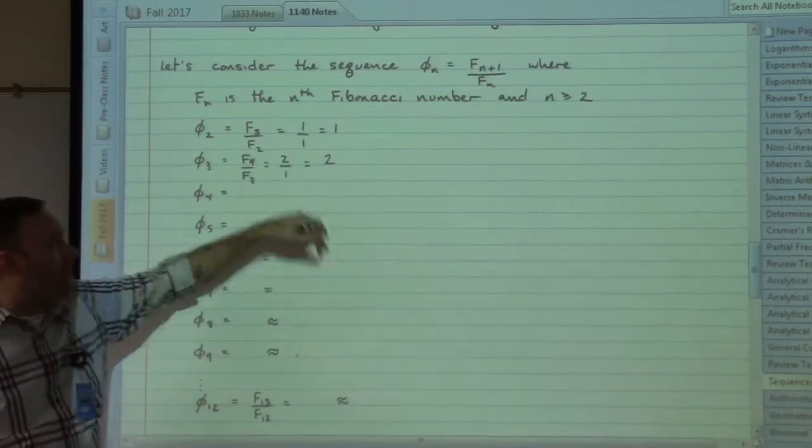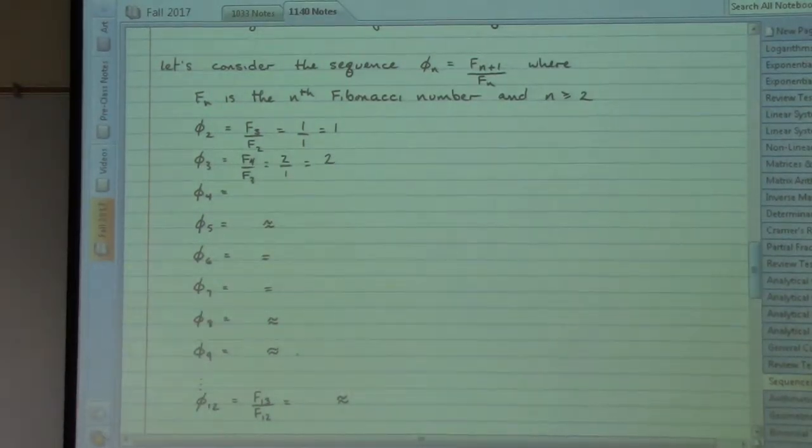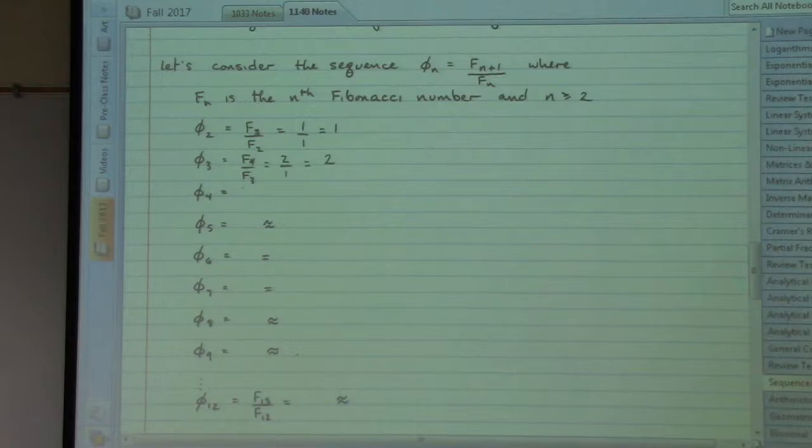So we've got a 2 over 1, which is 2. Then we would have, if we keep on going with that pattern, a 3 over 2. And we're going to be looking at the decimal values, so we'll go ahead and pop those in when appropriate. And then moving on, we've got 5 over 3, which is approximately 1.6666.